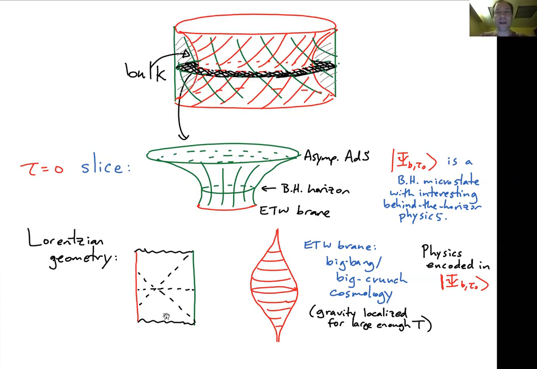One of the things I was interested in, I started talking about this a little bit with Benson Way, was could we come up with, maybe by adding an extra circle like in the bubble of nothing, some solutions that more or less look like this without actually having to invoke this end of the world brane. But it seems interesting to just understand what's possible at the classical level.